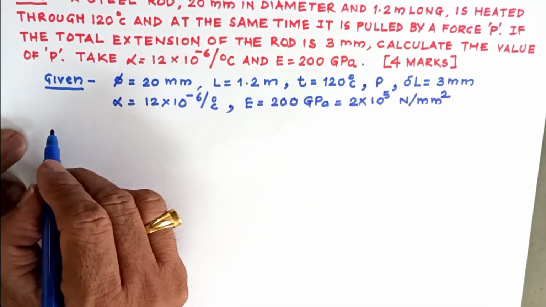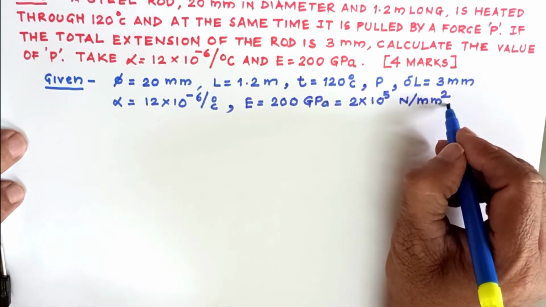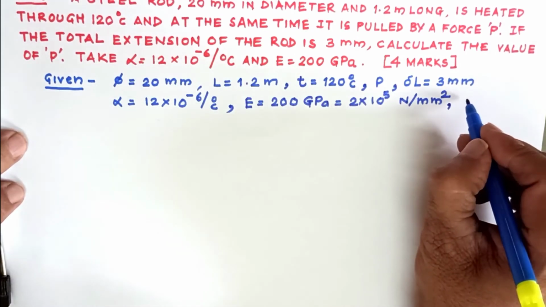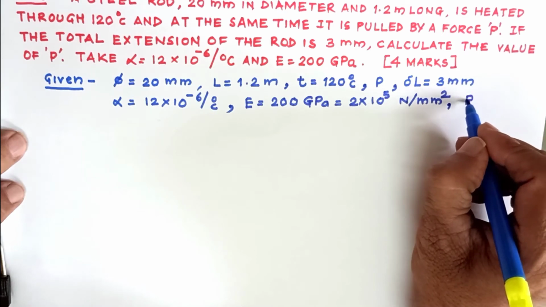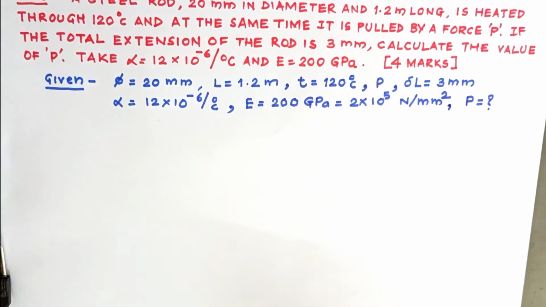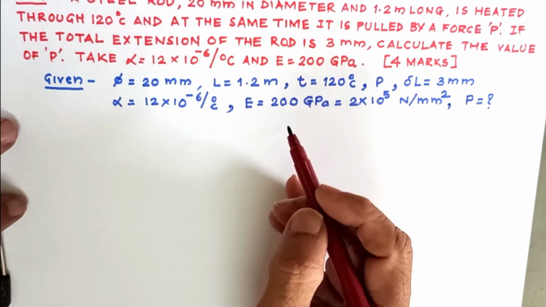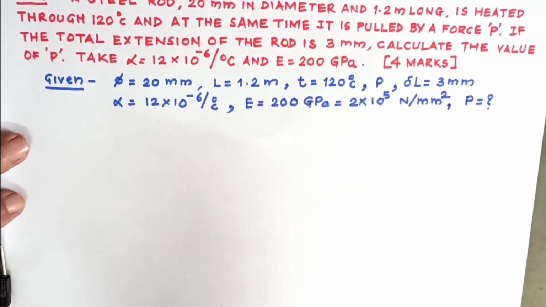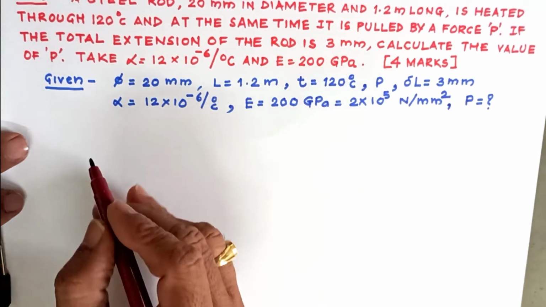What is required? What we want to find out? We want to find out the value of pull P applied on the bar. Okay? So let us start the problem. Here, the total extension of 3 mm given in the rod is due to two reasons. One is due to heating the rod, and second is due to pull. Okay?